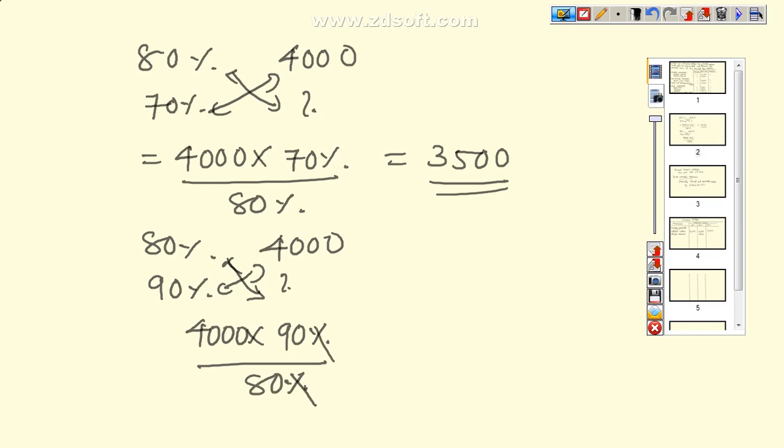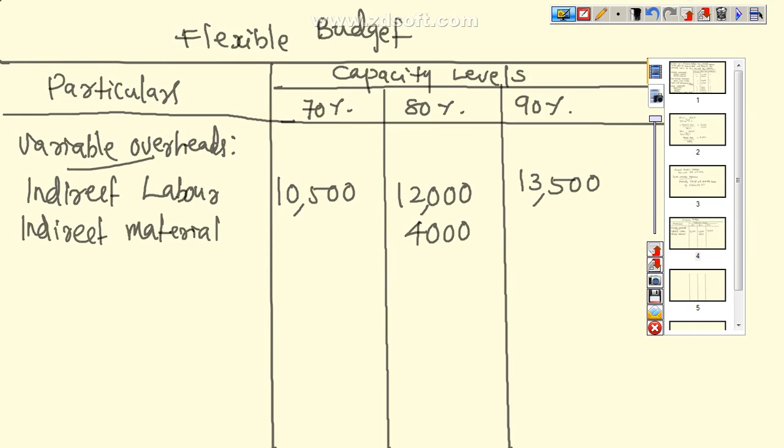Cancel the percent, then 0, then that is equal to 4,500. So we write it there, 3,500 and 4,500.